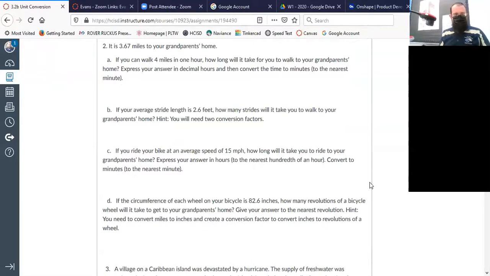So try C on your own. If you ride a bike at an average speed of 15 miles per hour, how long will it take you to ride to your grandparents' house? It wants you to give an hour and then convert to minutes. So you have all that you need to do that.